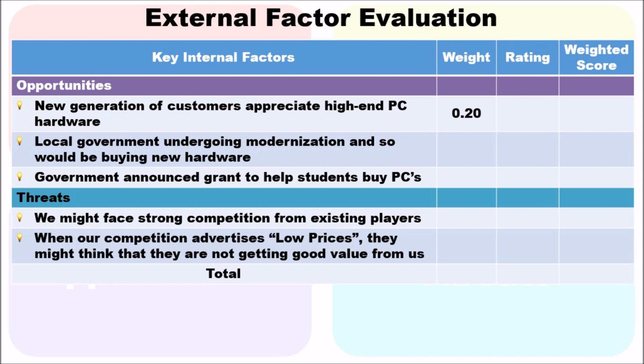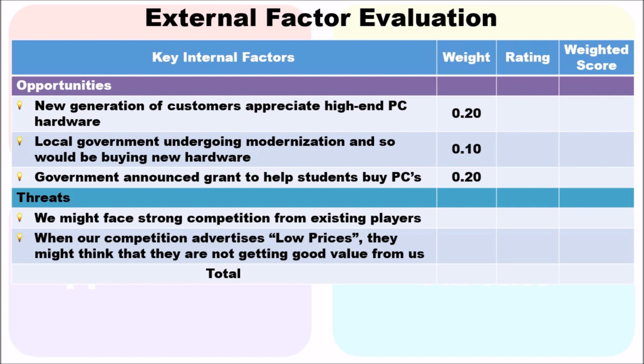So, the new generation of customers appreciate high-end PCs. We'll give it a weight of 0.2. We said that local government was undergoing modernization, and so would be looking at buying new hardware. We'll give that a 0.1. And government announced a grant to help students buy PCs, and we'll give that a 0.2.